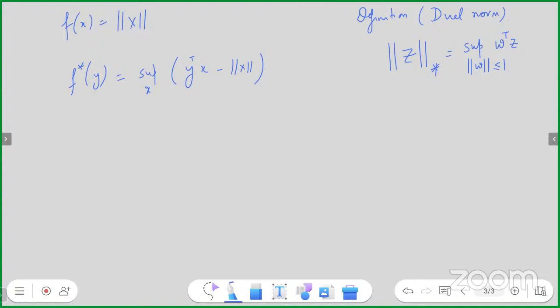Okay. So now, in terms of norm of y, can you characterize this answer? The norm is the star norm. So take two cases, y star less than or equal to 1. What will happen in these two cases?